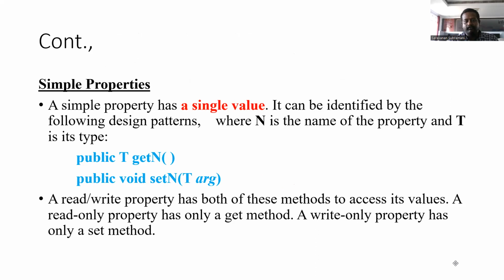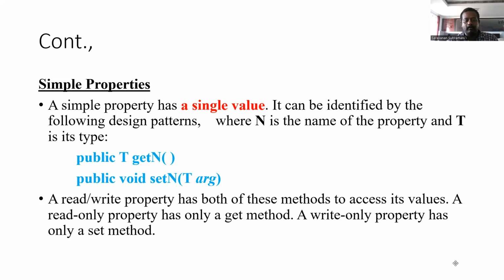It can be identified by the following design patterns, where n is the name of the property and t is its type: public t getN. Here, in getN, n is the property name and t is the return type, the type of value which is going to be returned. And as a setter function, it is public void setN, which should have an argument, t arg.